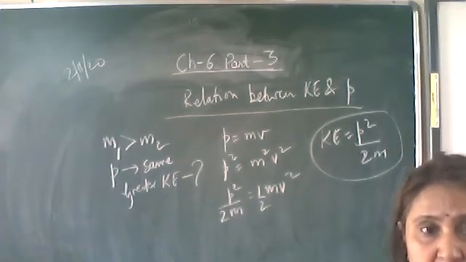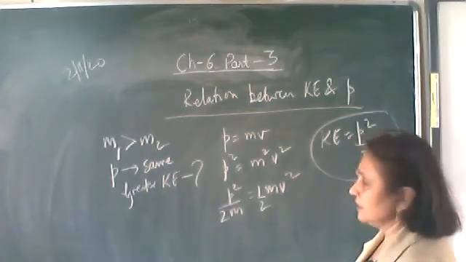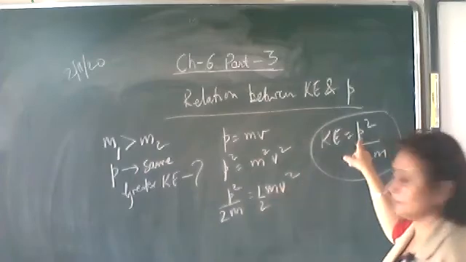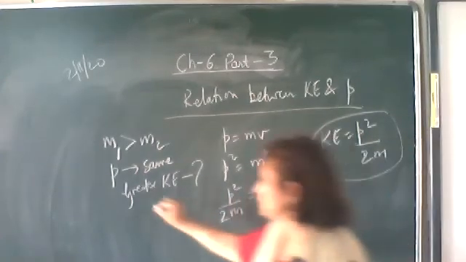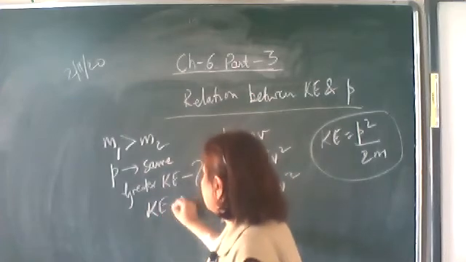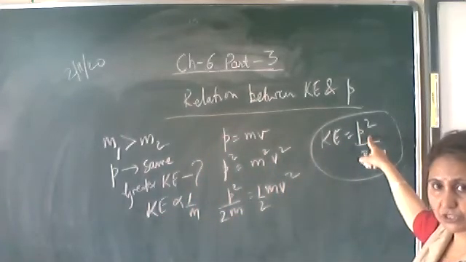Yes, you can unmute and give the answer. Ma'am, greater one. Okay, m2. Kinetic energy, P is same, so kinetic energy is inversely proportional to the mass. Why? Because it is given in the question that P is same.